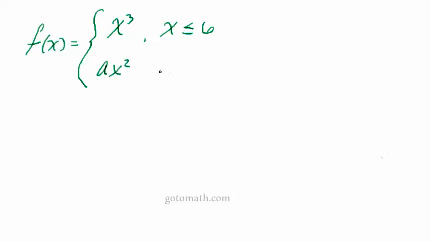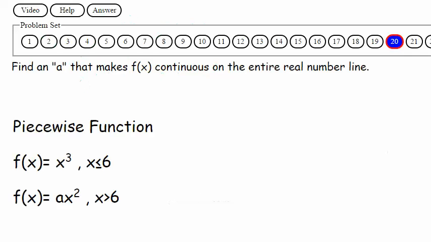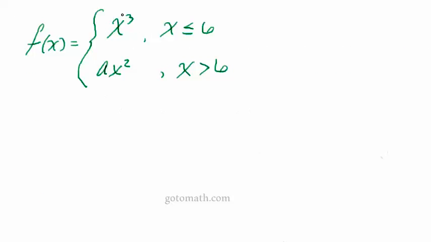So we have f of x is equal to x cubed, where x is less than or equal to 6. And then down here we have a x squared, where x is greater than 6. I'm going to just make sure I got everything right there. Okay. So we want to find an a that makes this continuous.